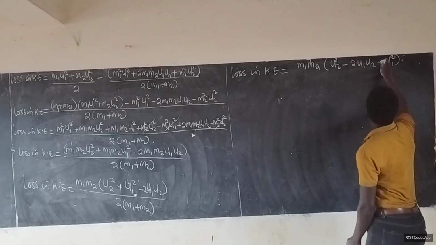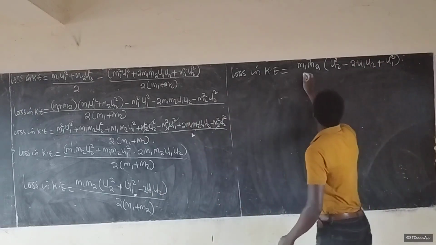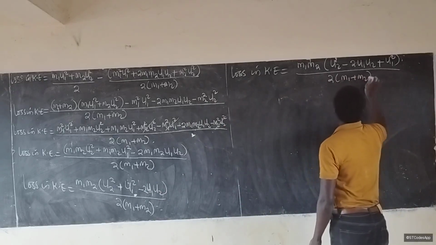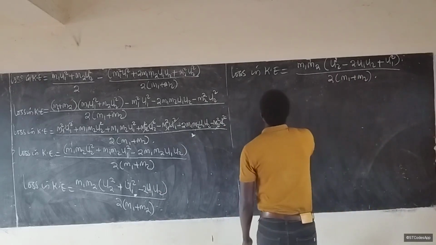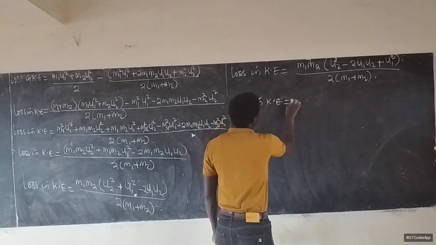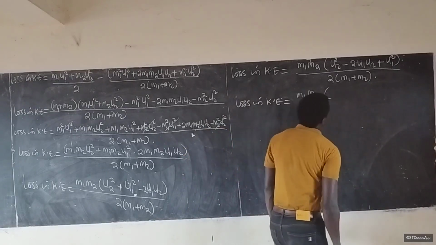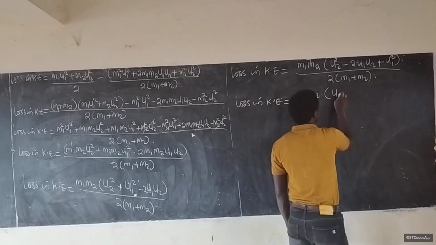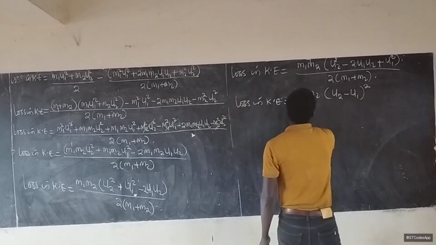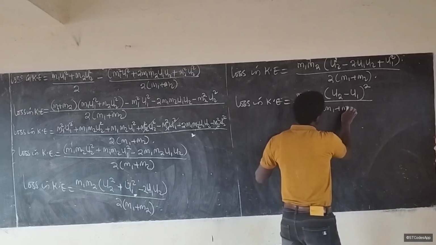So this is an addition. I've just reorganized this. So out of 2, M1 plus M2. So when you look at this, I can have that loss in kinetic energy is got by saying M1 M2, and then this I can have as U2 minus U1 but squared, out of 2 open the bracket M1 plus M2.